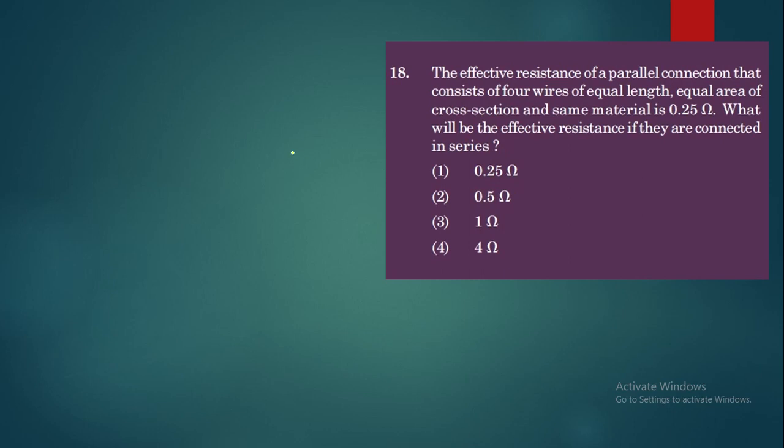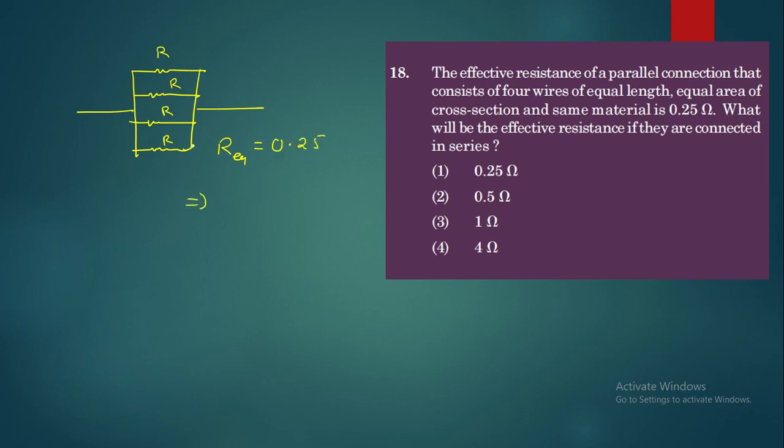Here in this question it is given that there is a parallel connection that consists of 4 electric wires. So there are 4 wires carrying some resistance and they are connected in parallel with each other. Let's say the resistance of each wire is R. When these wires are connected in parallel, the effective resistance comes out to be 0.25.